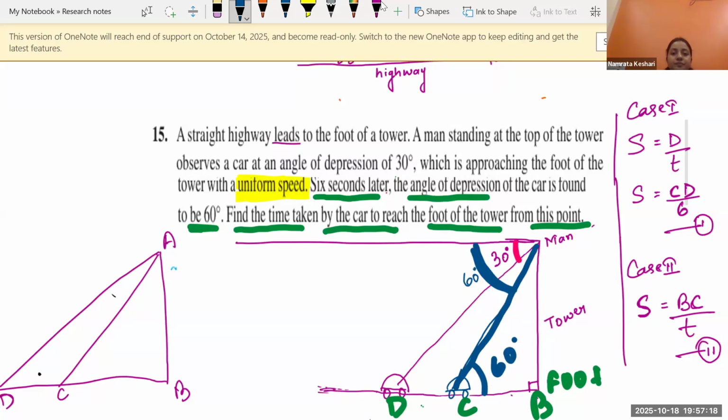And this much is 30 over there, so this will be 30. I am going to mark everything in the actual figure. This is 60, this is 30.